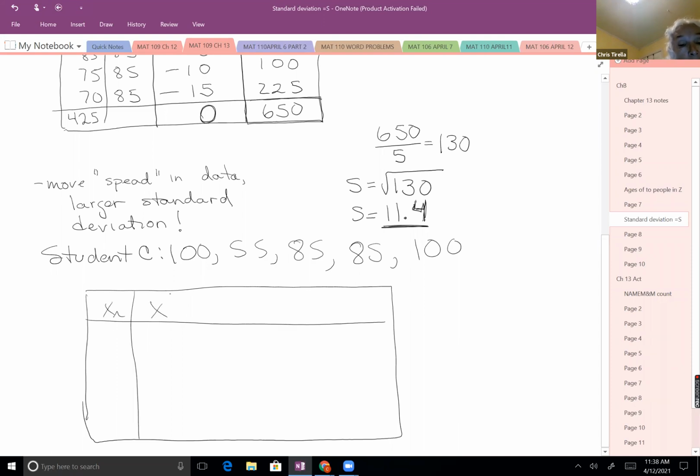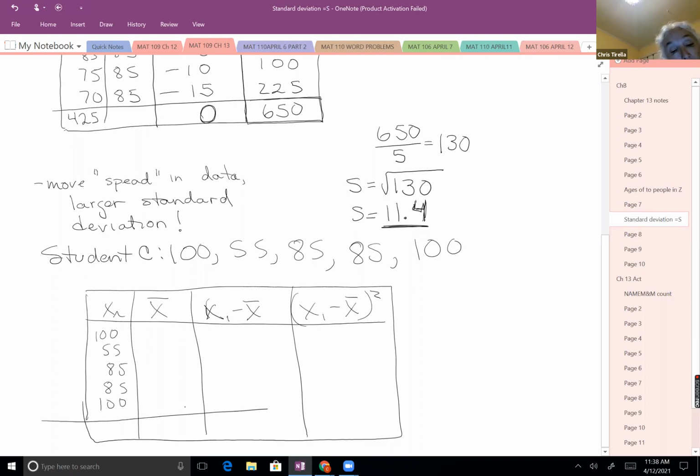So we want their scores, their mean, their deviations, and the deviations squared. And I'm going to give you folks a minute to find that.